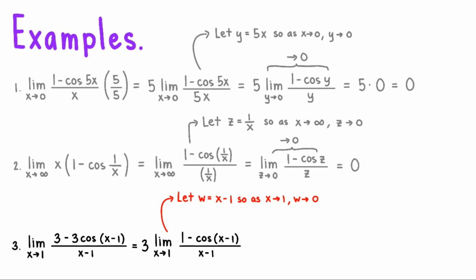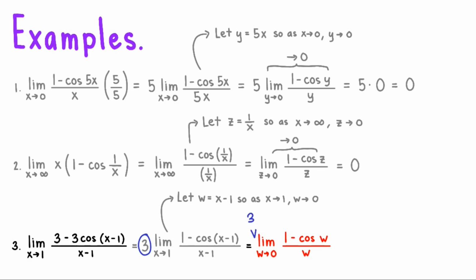Since we can now express this limit out here as the limit of 1 minus cosine w all over w as w approaches 0. Take note that I forgot to put the 3 out here. There should be a 3 out here. So just take note of that one.